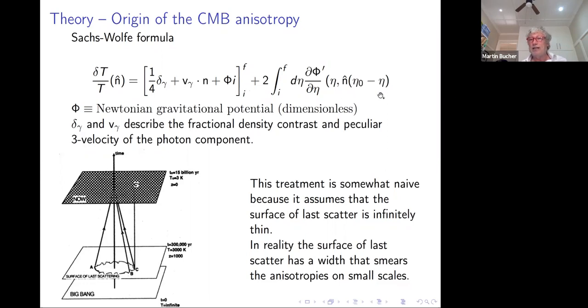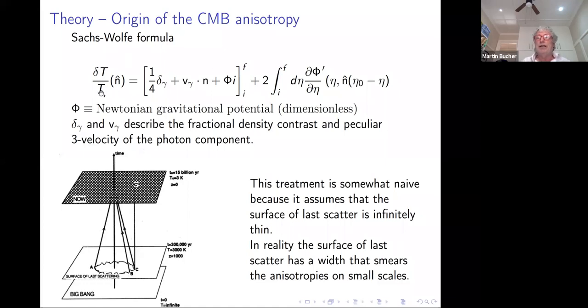But when you take all of this together, the other approximation is, well, here we have a diagram of what you're seeing. You have this light cone, and this is constant time, with cosmic time increasing in the upward direction. But this assumes that the universe becomes transparent instantly, and that it was completely opaque before, and the truth is more complicated.